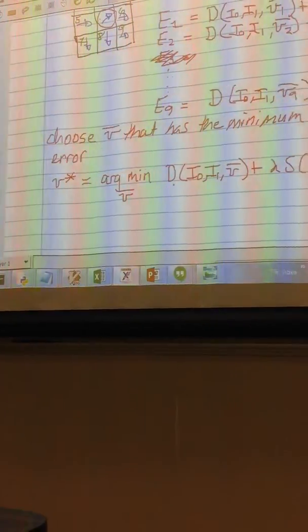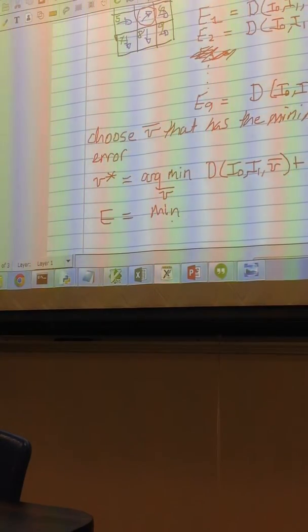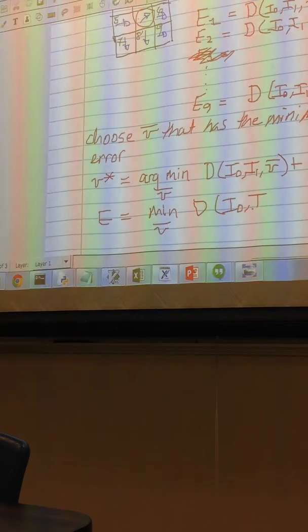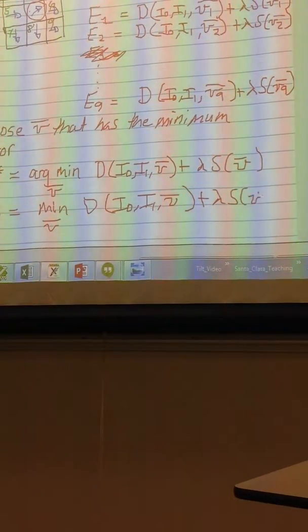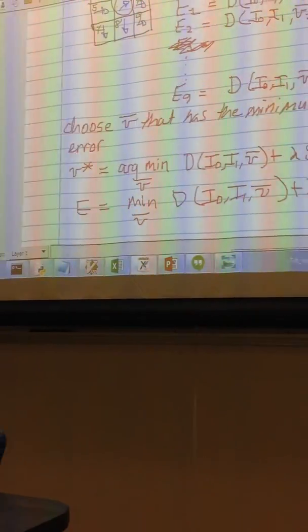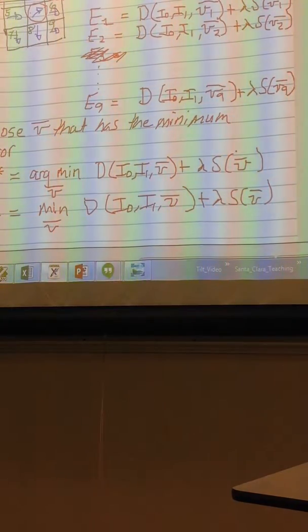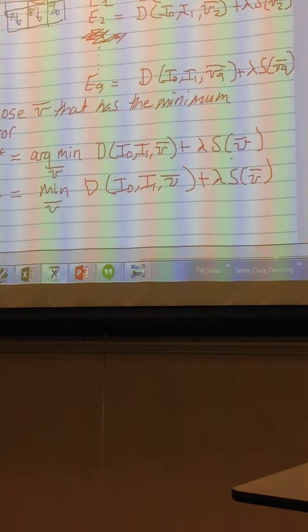You can also write it like this, this would be another way to look at it. So by putting arg there, I'm returning the actual V. That's just a notational thing. So when you see that in papers, you'll understand it.